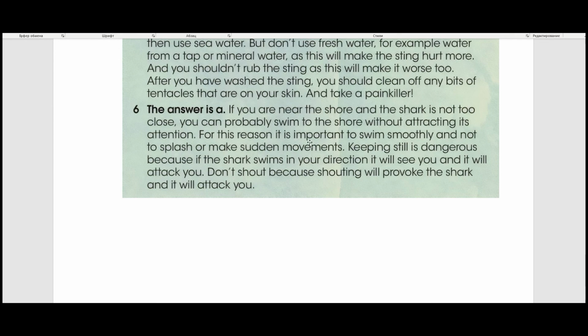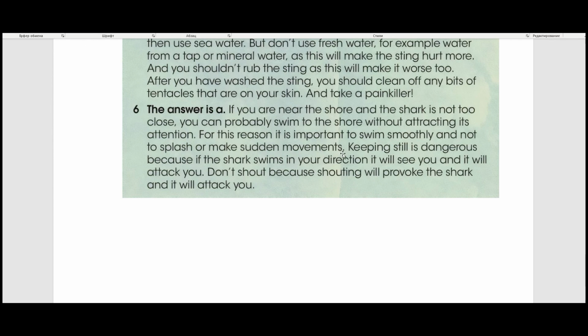По этой причине важно плыть smoothly, то есть мягко, спокойно, не издавая лишних звуков. И not to splash. Что такое splash? Это когда мы создаем брызги на воде. Вот это как раз splash. То есть тихо плыть, не разбрызгивая, и без резких движений.